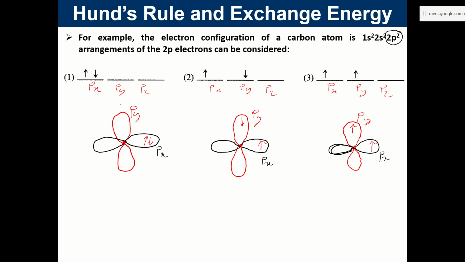So अब तीन situations है. So in the first case, what is here? So we are having three situations, 1, 2 and 3. So what is happening here?